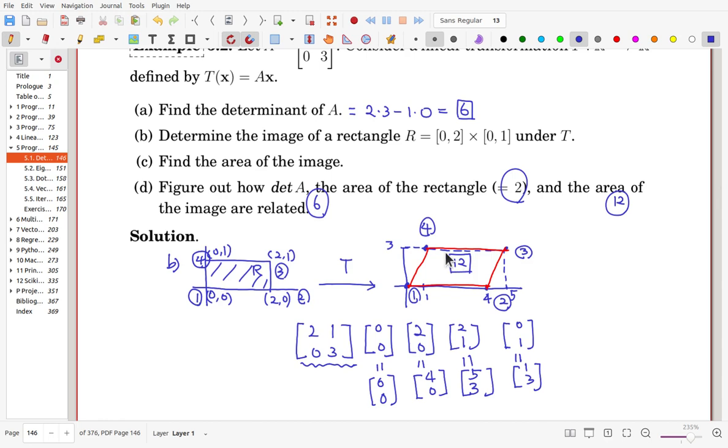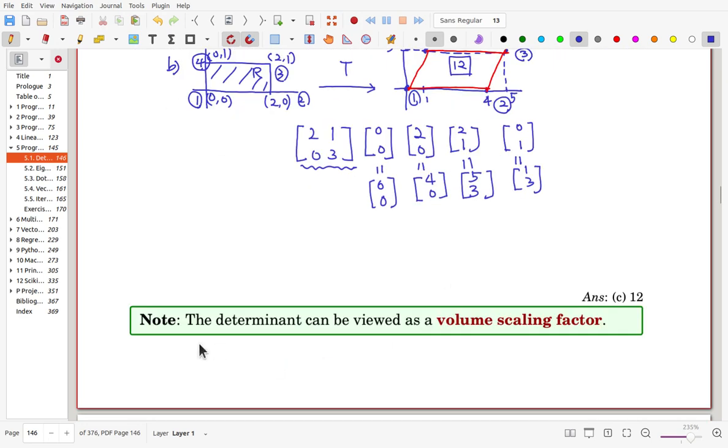This is not an accidental example. It always happens. So we can say this statement: the determinant can be viewed as a volume scaling factor. In 3D and higher-dimensional space, here we deal with volume.